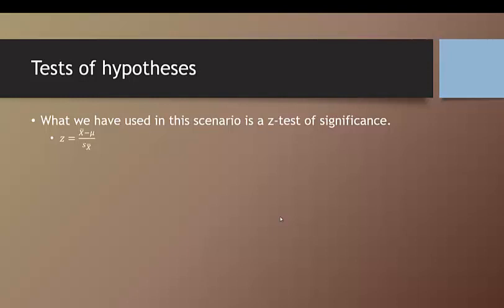So we looked at our sample means and we looked at our population means, and we were able to see if there was a difference and how much that difference was, and whether or not it was significant at the 5% or 1% level. And so you actually have learned how to conduct your first test of significance in statistics, and that's your z-test. Okay.